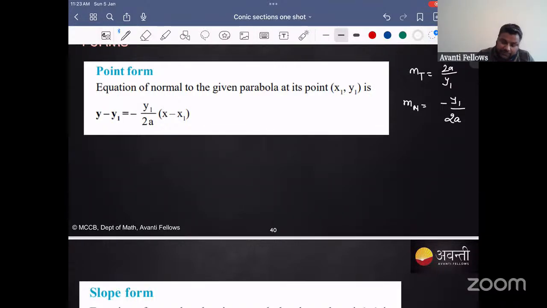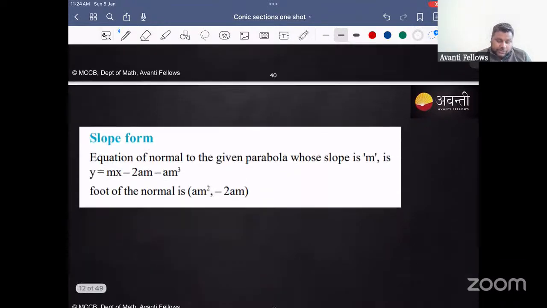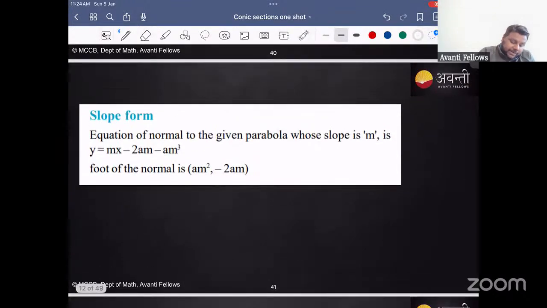So the equation of normal will be y minus y1 equals minus y1 upon 2a into (x minus x1). That's it. So with this, we got the equation of normal. Now, the equation of normal in slope form is quite an important point.